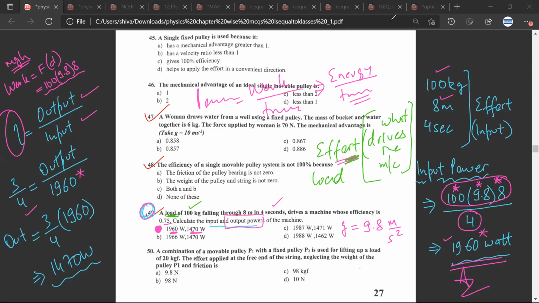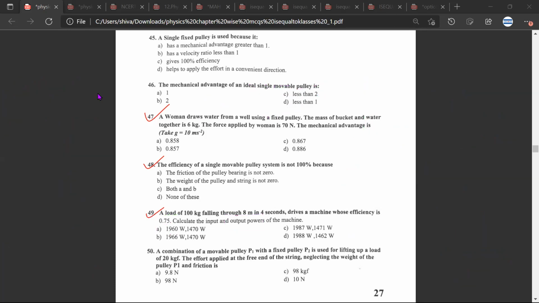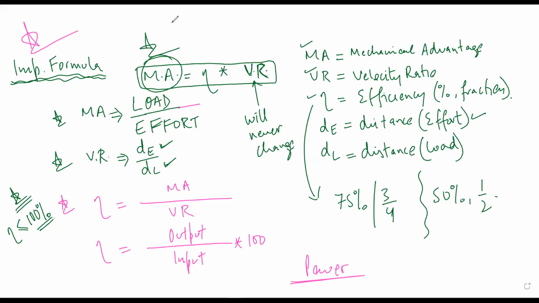No doubt. So, in this lecture, the important thing that we have learned is the application of these formulas. The formulas of MA, eta, VR.